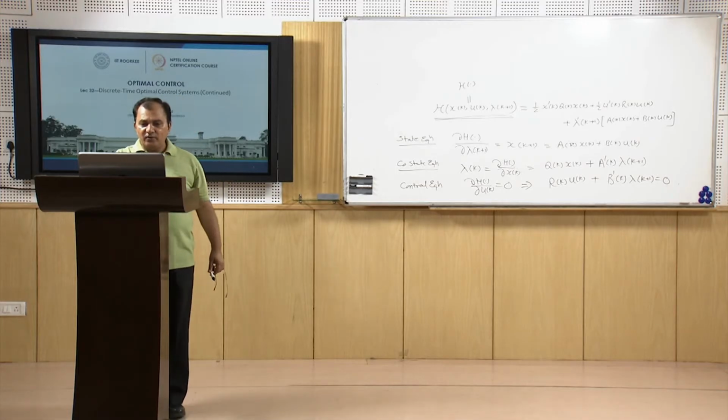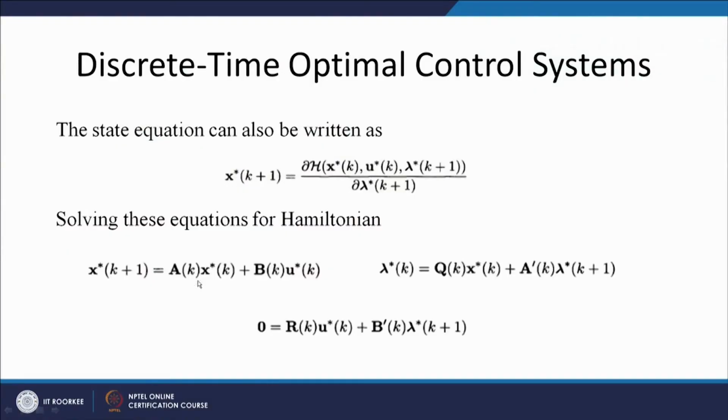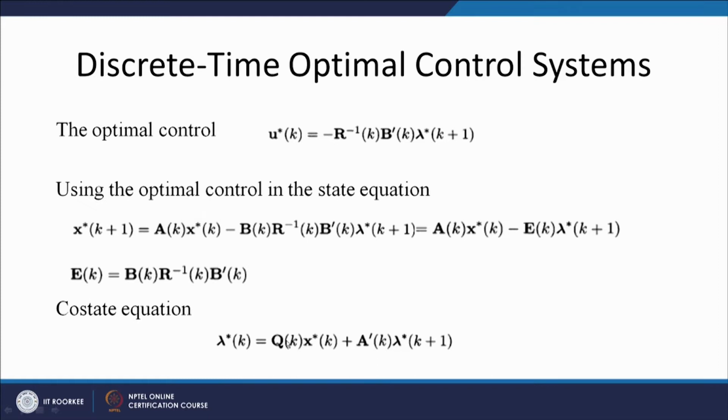So, by this I get my state equation, co-state equation as well as my control equation. The state equation is x star k plus 1 equals A k x k plus B k u k, the co-state equation is lambda star k equals Q k x k plus A prime k lambda k plus 1, and the control equation is R k u k plus B prime k lambda k plus 1 equal to 0. Directly I can write the value of u from this as minus R inverse B prime lambda k plus 1.